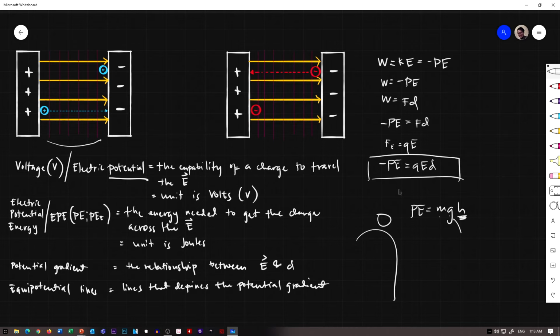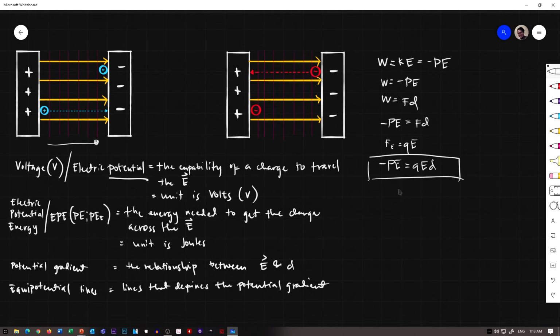So as you move along the gradient, the potential energy gets lesser and lesser, so the kinetic energy increases. That's the takeaway from there. I hope you get the explanation why we place a negative sign on the equation. But of course, upon using it, you will see that you will only need positive values.